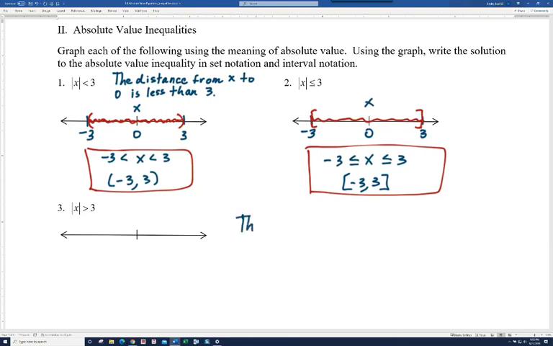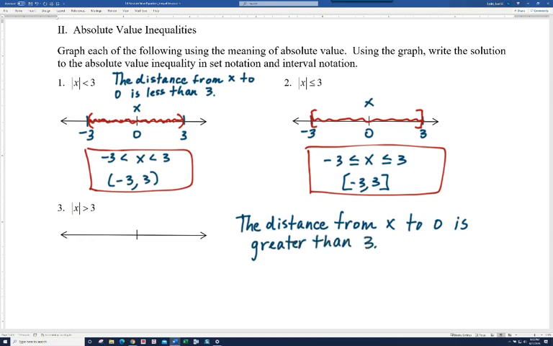All right, so on number 3 here, what we have is the distance from x to 0 is greater than 3. Well, here's -3 and 3 on the number line. Notice, for example, if this were 4, 4 has a distance from 0 that's greater than 3.